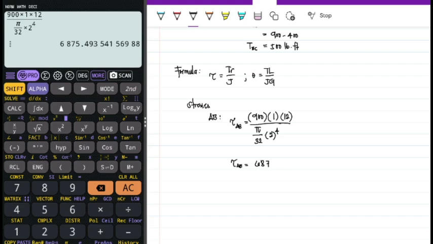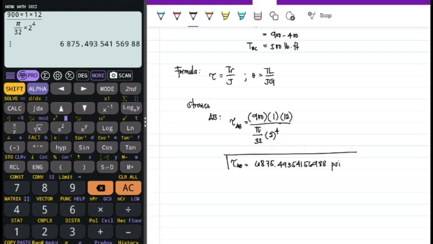So therefore, your 500, when we solve later on for the angle of twist, is actually negative.